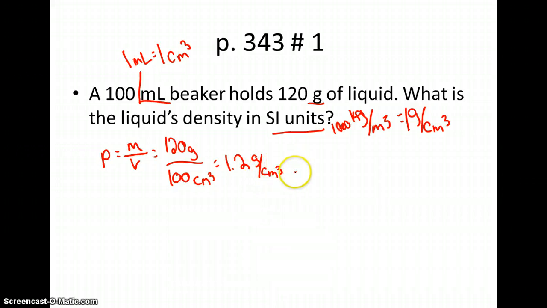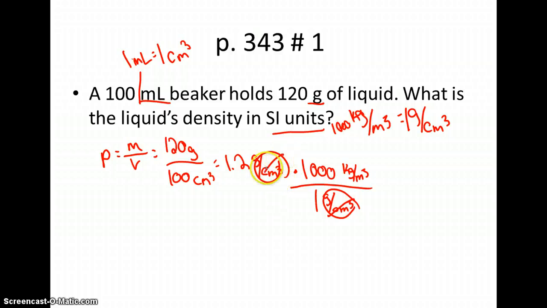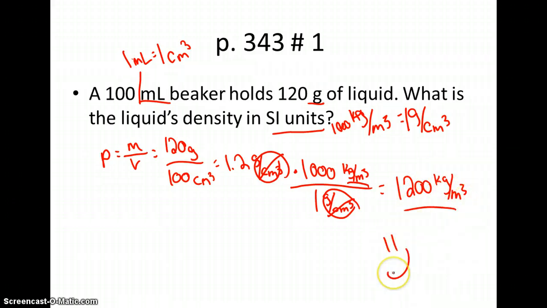I'm going to times this by 1,000, because I know there's 1,000 kilograms per meter cubed per 1 gram per centimeter cubed. And so these two units cancel, and I'm left with what I want. When I multiply that by 1,000, I get 1,200 kilograms per meter cubed. And if you got the same answer, great job.